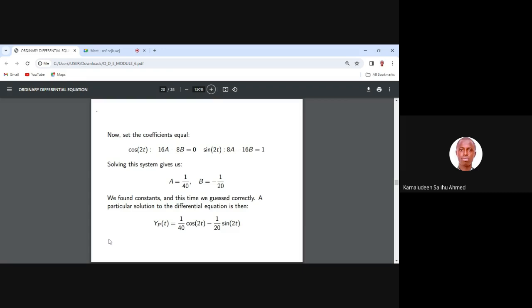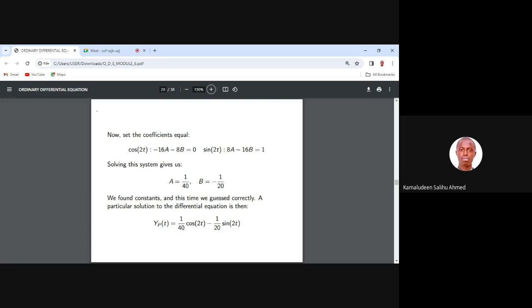Just solve it simultaneously using any method you like, either graphical, elimination, or substitution. So we found the constants A and B, and we need to substitute them back.